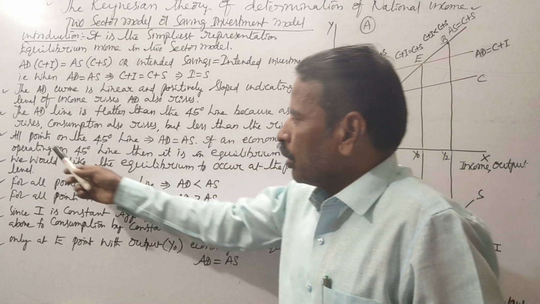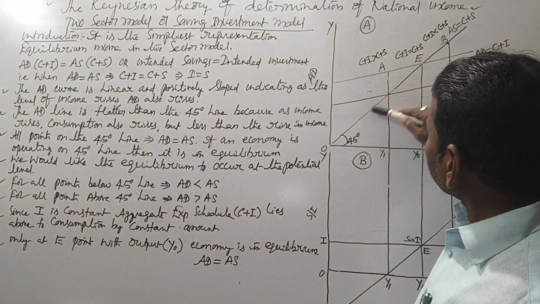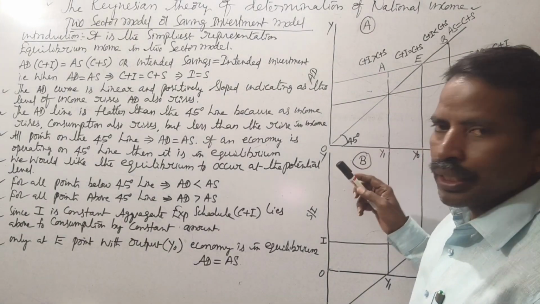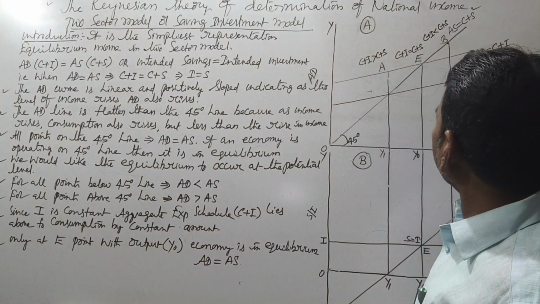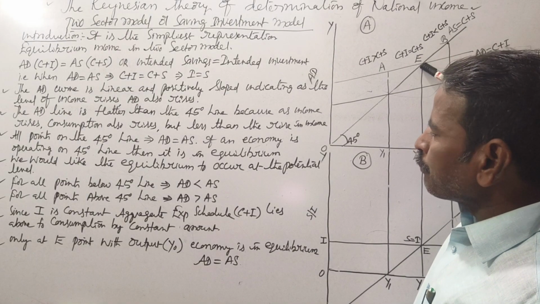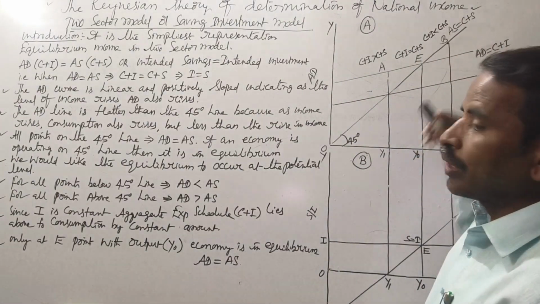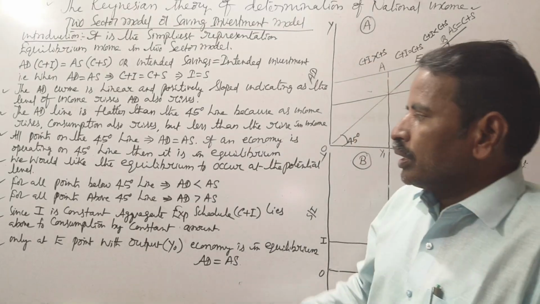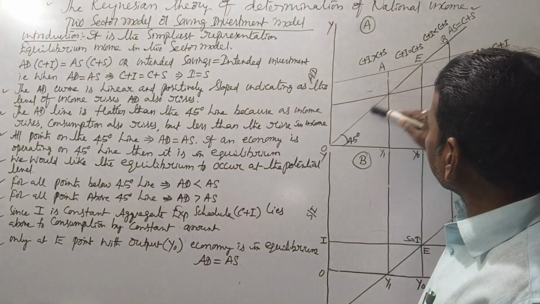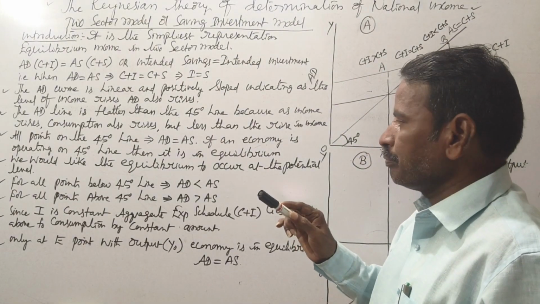Next, at all points on the 45-degree line, AD is equal to AS, aggregate demand is equal to aggregate supply.